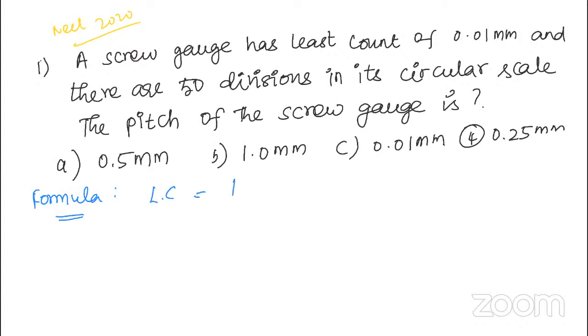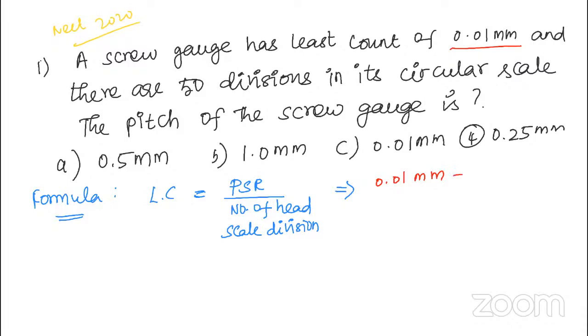Now write the formula for least count. That is PSR divided by the number of head scale divisions. In the problem, they have given the least count value, which is 0.01 millimeter.